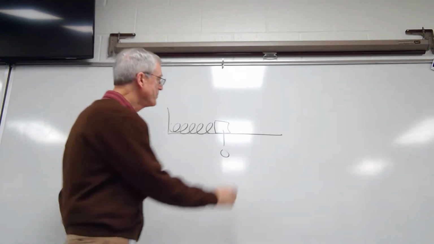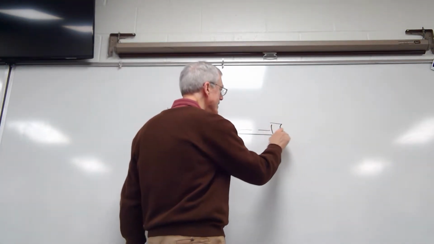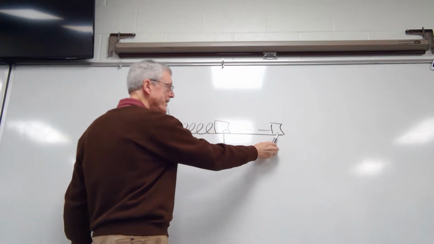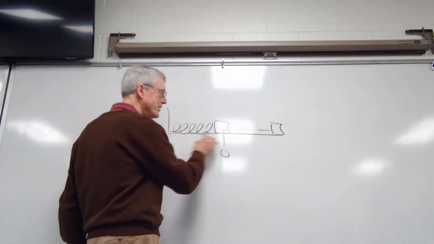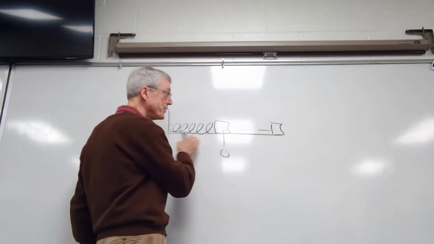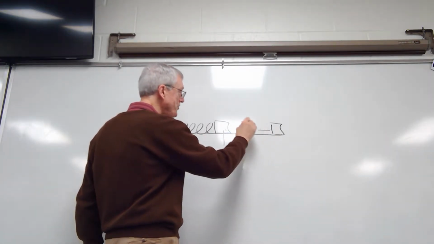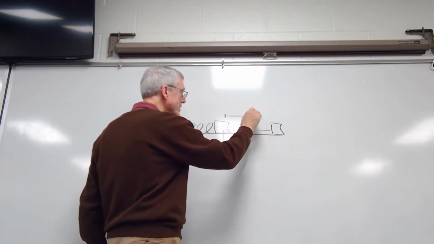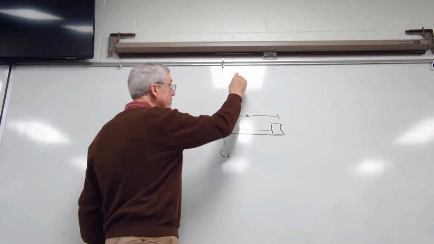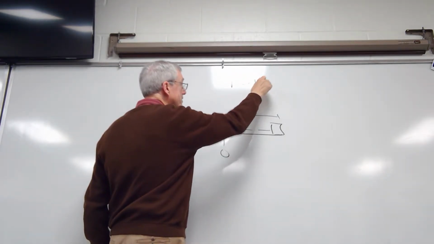All right, if I pull it over to here and then let go of it, we talked about yesterday the fact that it would go back and forth like this. And we call that simple harmonic motion. You learned that yesterday. This distance from here to here, which we could call x in our equation, F equals negative kx.